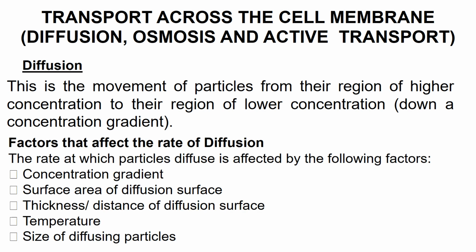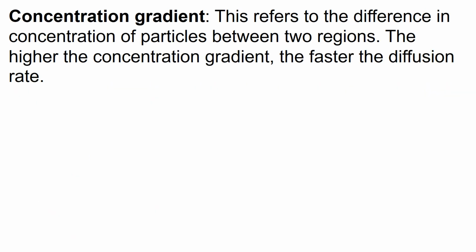Let us look at these factors now so that we can understand them better. We will start with concentration. This refers to the difference in concentration of particles between two regions. So the higher the concentration gradient, the faster the rate is going to be.